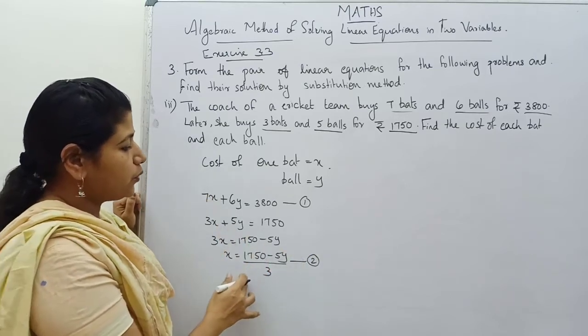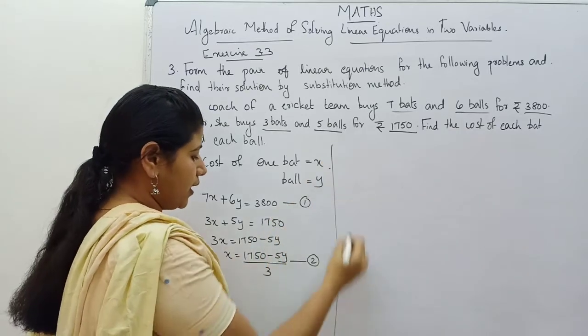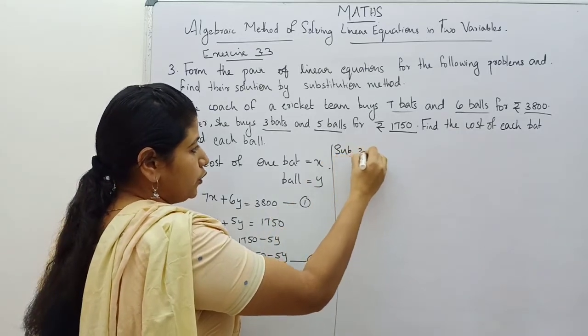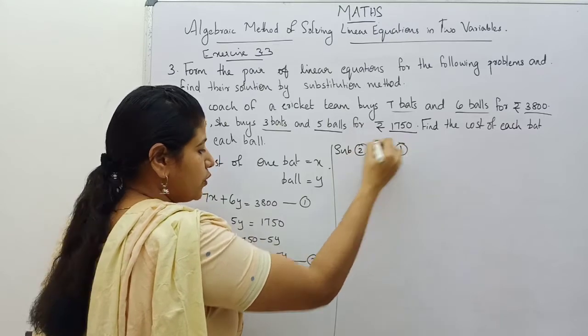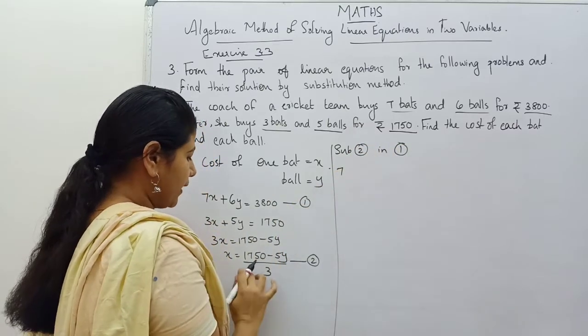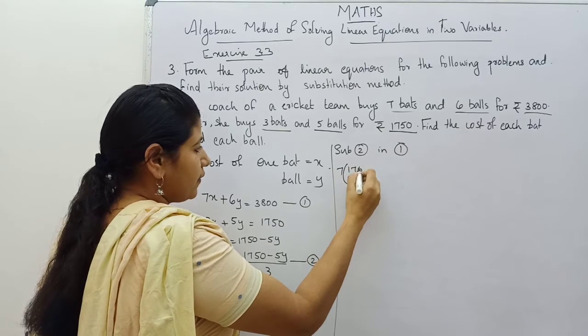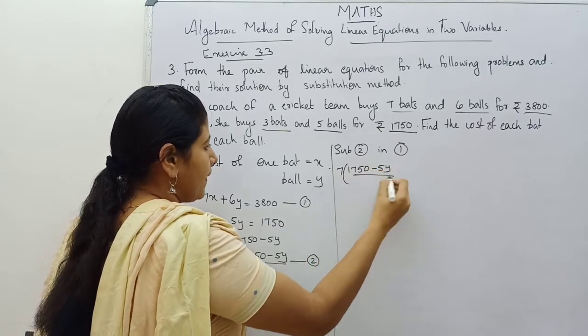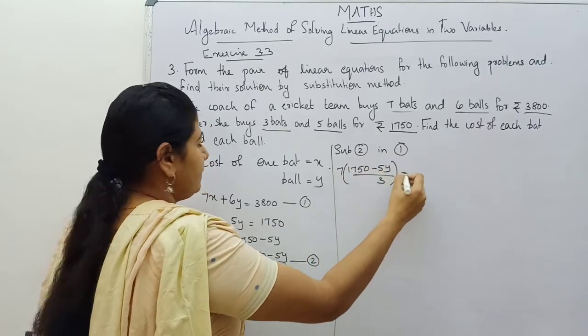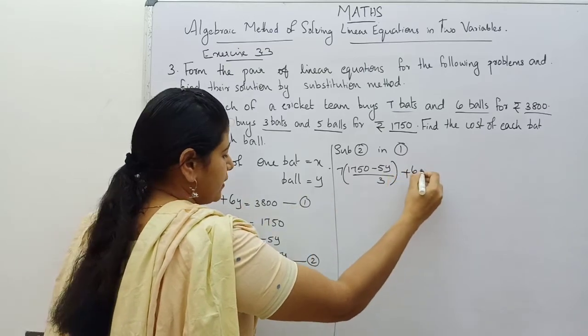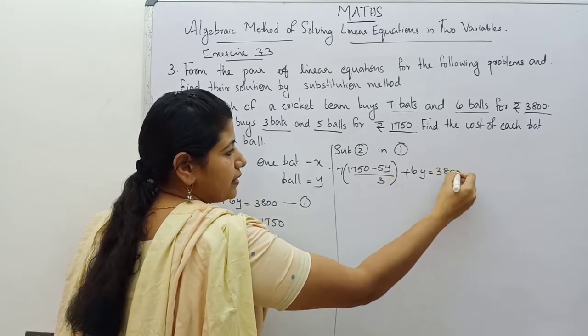Now we can substitute this in the first equation. Substitute 2 in 1. So you will get 7 into (1750 minus 5y) by 3 plus 6y equal to 3,800.